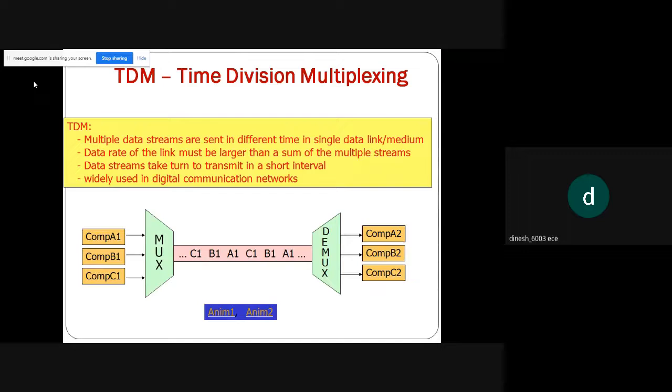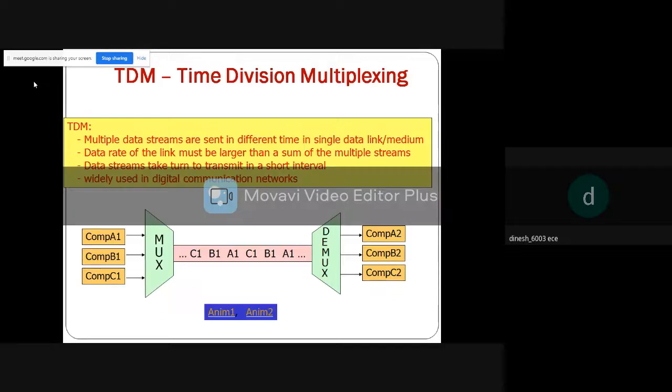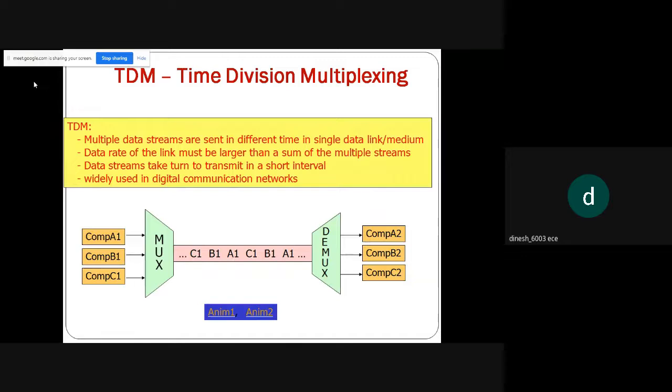Computer A, computer B, computer C are transmitting. First A1 is sent, B1, C1, then A1, B1, C1. And at computer 2 it is received by A2, B2, C2, which is sent from A1, B1, C1.